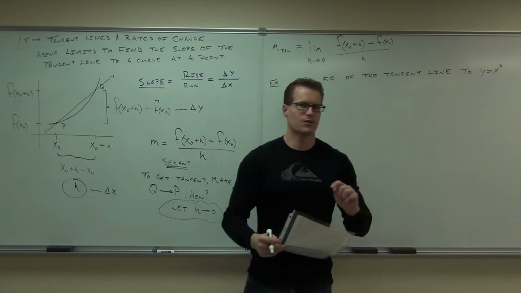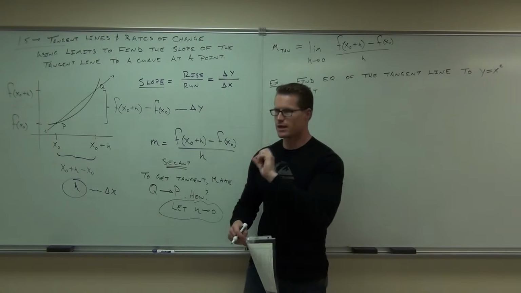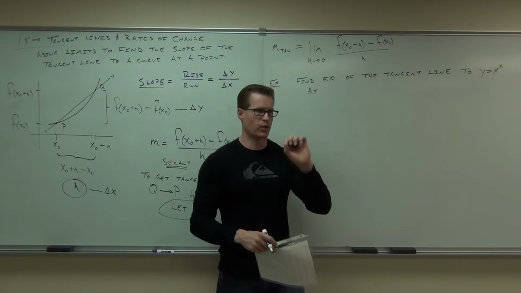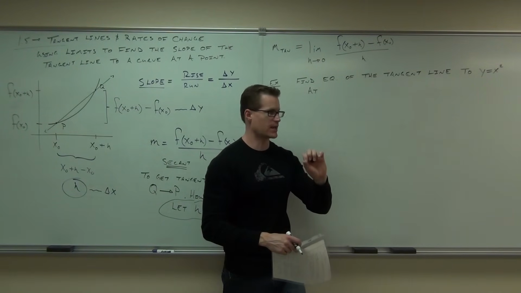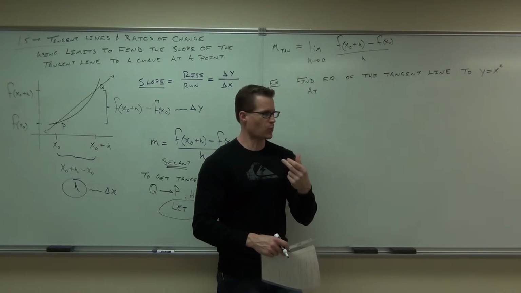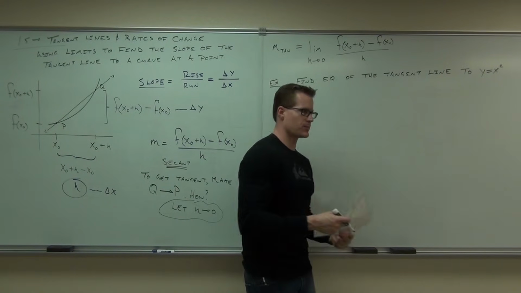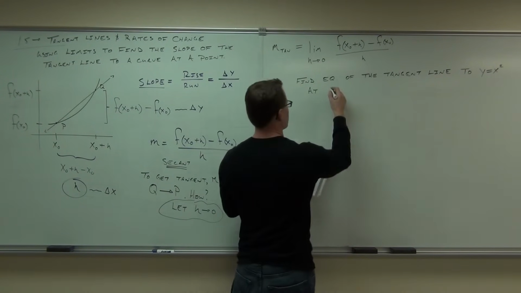Right now I'm going to give you an actual point. X sub 0 is the actual value, a fixed point of x. In the future, I'm not going to give you that. We're going to be able to find the slope at any point, and that's even cooler. At 1, 1.